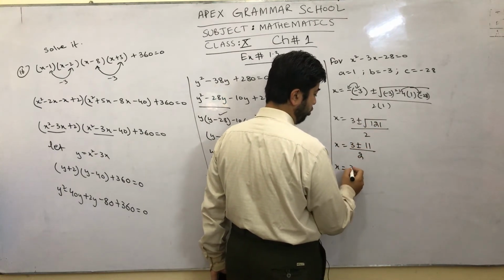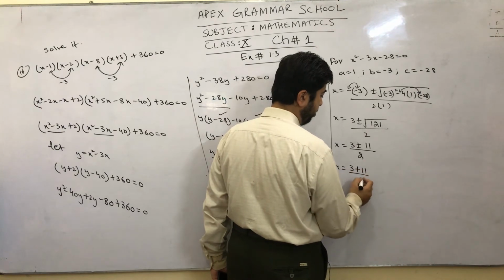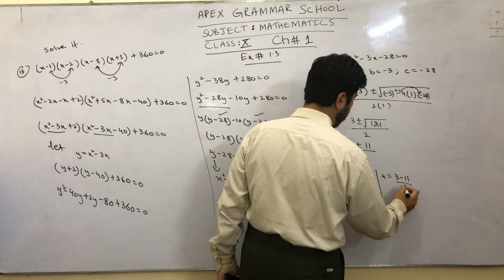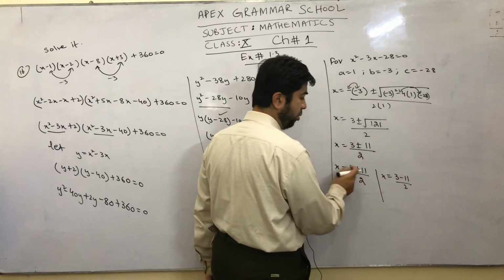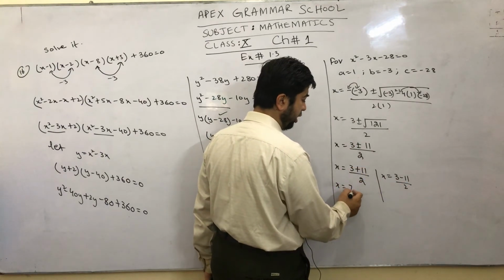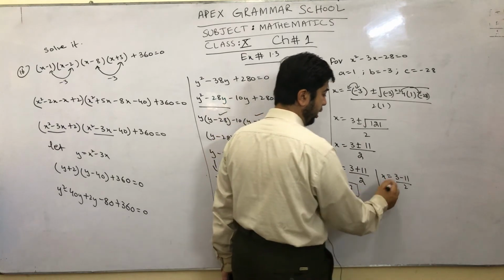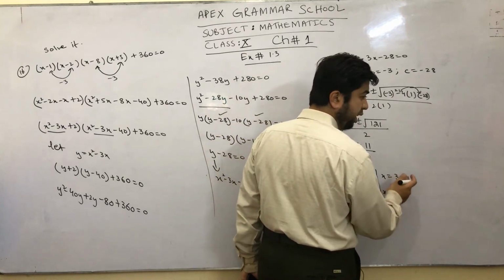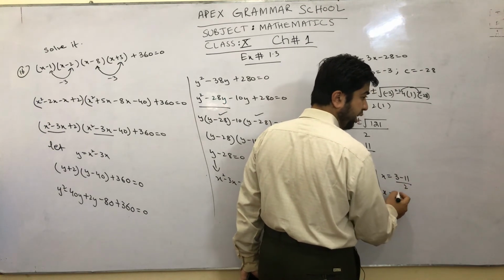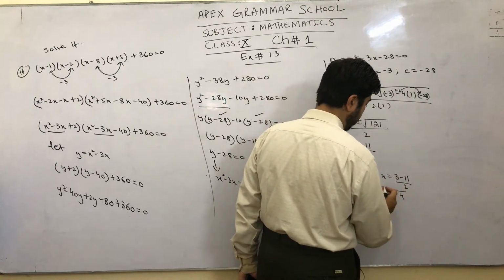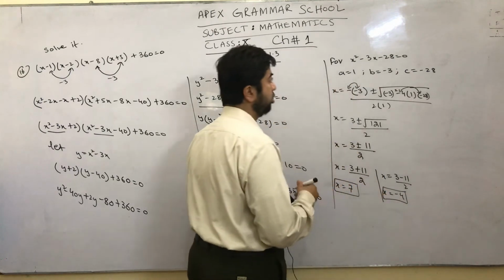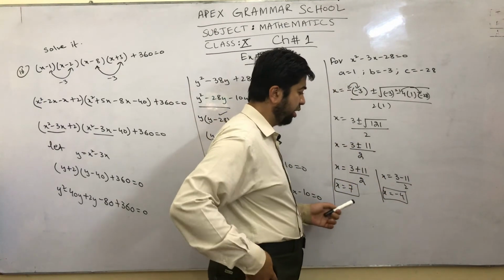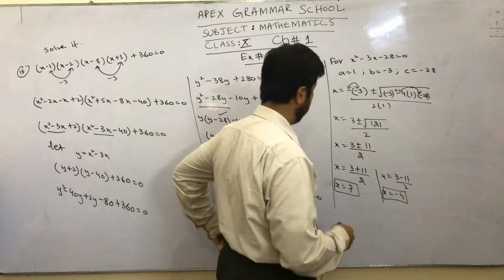So x is equal to 3 plus 11 divided by 2, and x is equal to 3 minus 11 divided by 2. So x is equal to 3 plus 11, 14 divided by 2, that is 7. And this is x is equal to 3 minus 11 divided by 2. 3 minus 11, that is minus 8 divided by 2, that is minus 4. So x first value is 7 and x next value is minus 4.